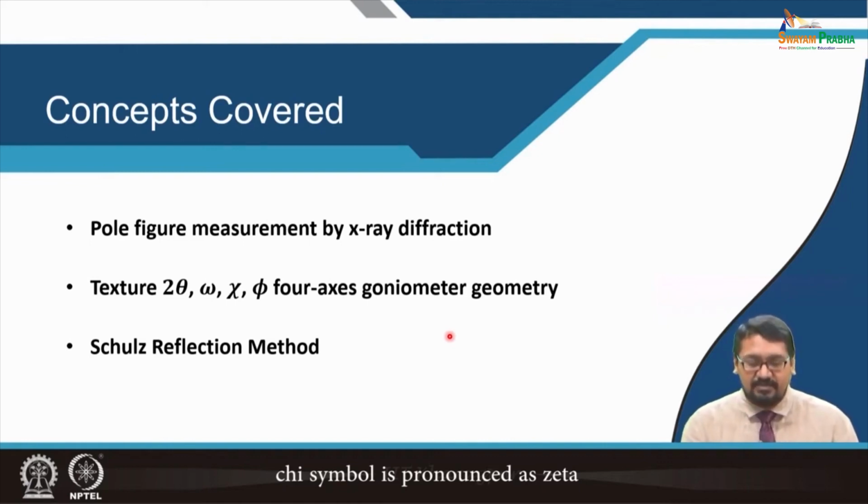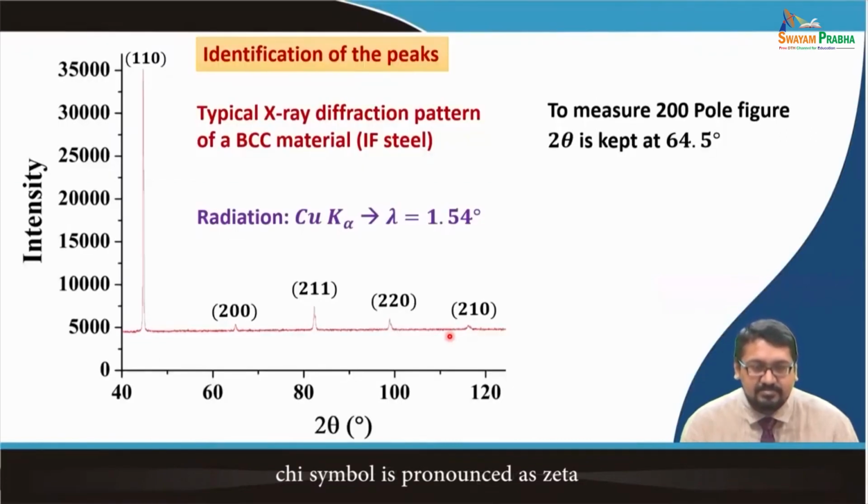On the other hand, we can find out various kinds of strains present in the material, which change the value of d, and therefore the theta of the material is varied, which means the peak shifts to a lower theta or higher theta, or the peak broadens.